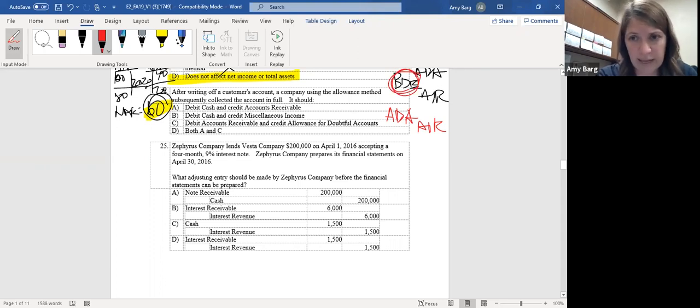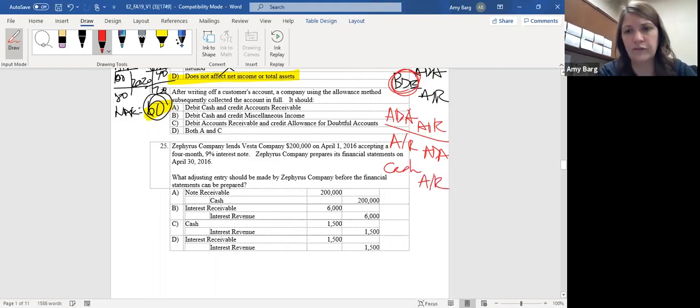It's gone. They can pay it, but we can't record it because it's not on our books anymore. So first thing we need to do is put it back on our books by just reversing that journal entry that we just did. And now that we have this accounts receivable back on our books, they can pay it. So now we record the cash and we write that AR right back off.